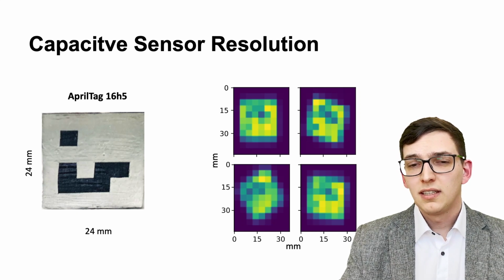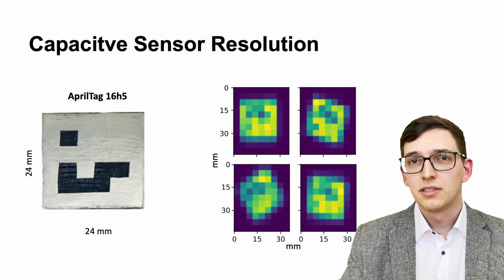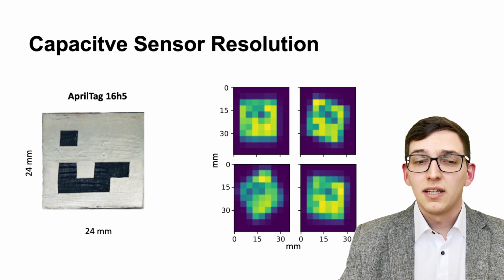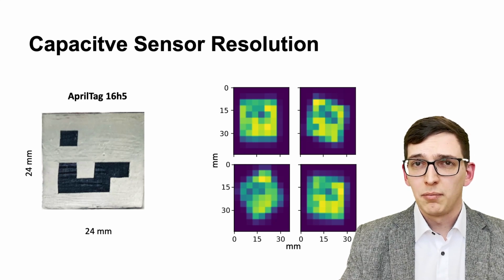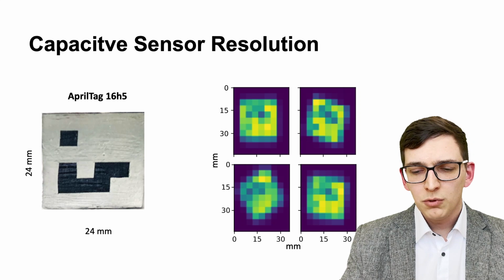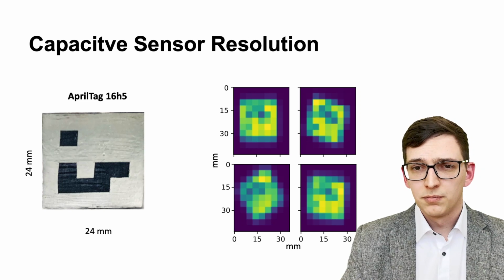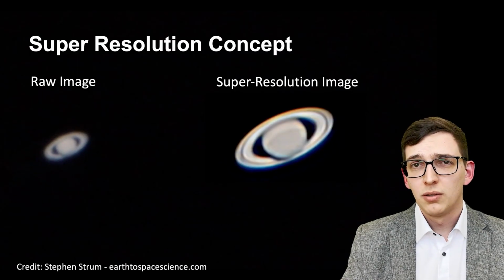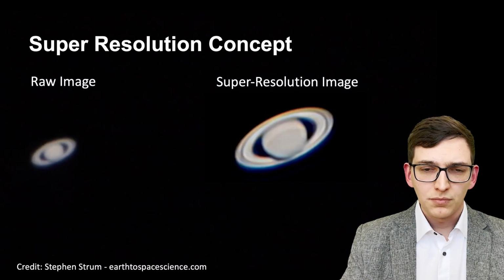Here we really set out to explore approaches to upscale the information and retrieve the information that is hidden in the capacitive images. One approach that we pursued in this paper is geometric super-resolution, an approach that is already long applied in fields like astronomy and biology.